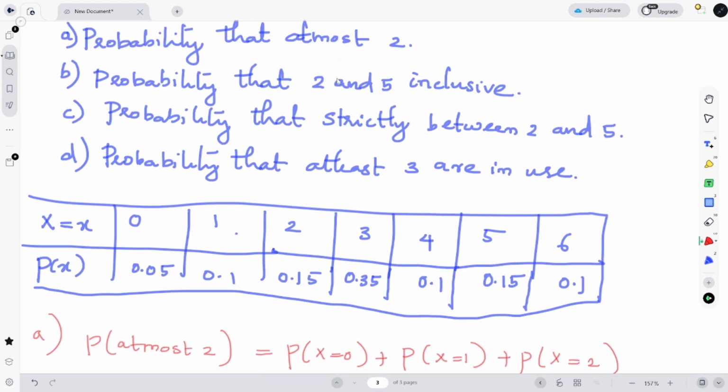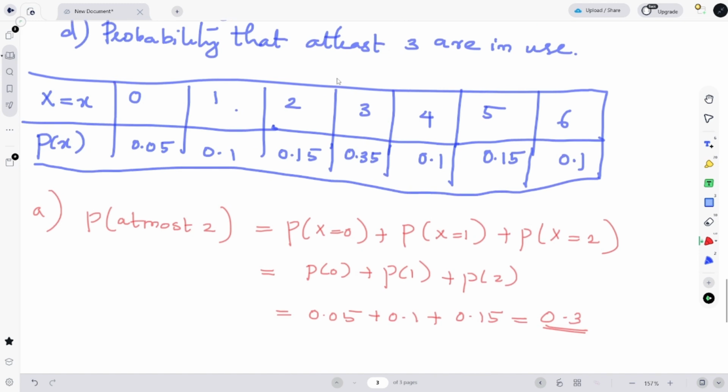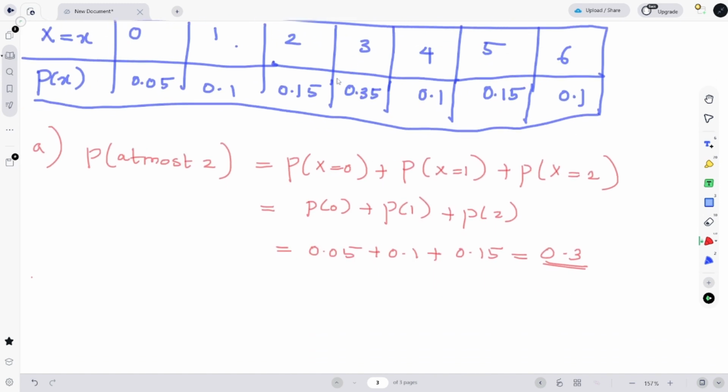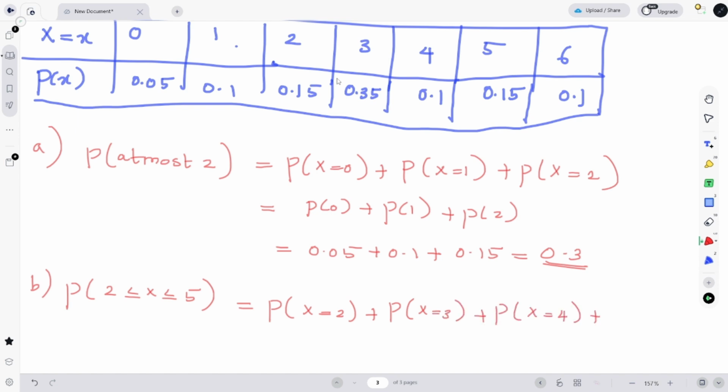Now second one, probability that between 2 and 5 inclusive. You can write this as the probability that 2 less than or equal to x less than or equal to 5. So you can write P of x equal to 2 plus P of x equal to 3 plus P of x equal to 4 plus P of x equal to 5. So this is equal to P of 2 plus P of 3 plus P of 4 plus P of 5.